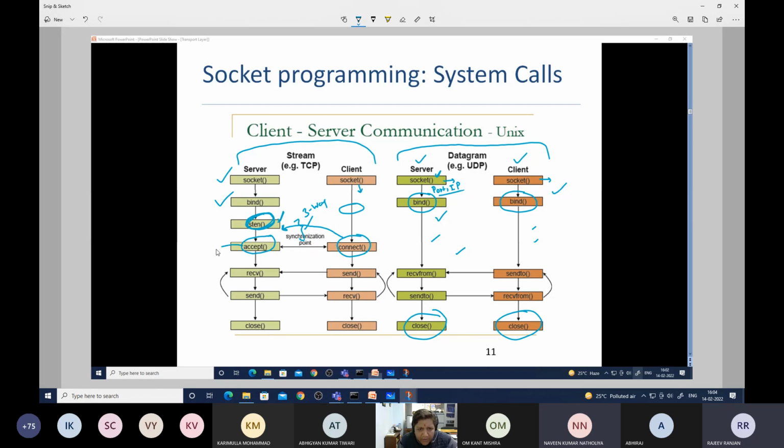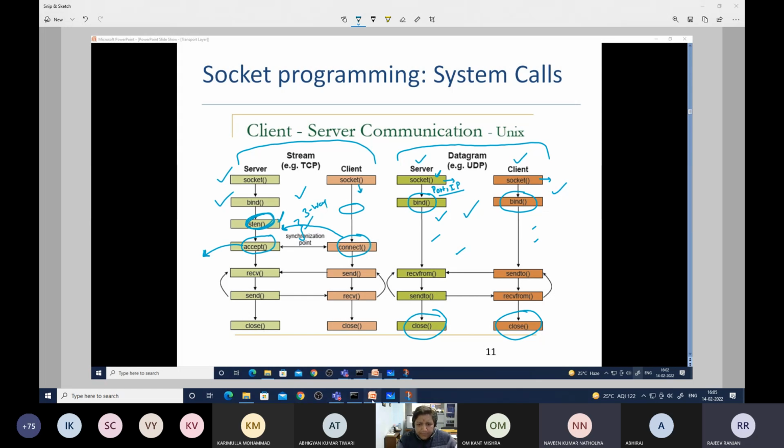Now this socket will be identified by a 4-tuple: source IP, destination IP, source port, destination port. Then you can send, receive, send, receive. This is the difference between connectionless transport and connection-oriented transport. I'm talking in terms of system calls because you people are well aware of system calls as we have done in our operating system course.